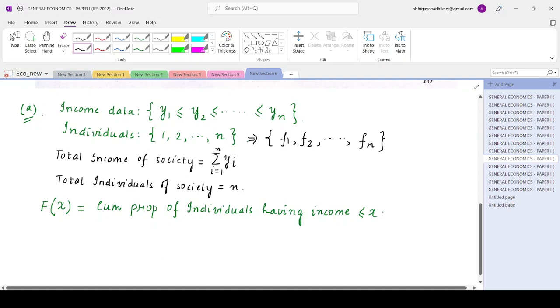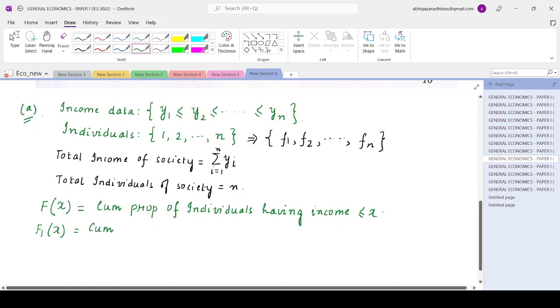So just so that we can have an easy exposition, or easy way of writing the answers and expressing the concept, we are not going into the advanced ways of defining the Lorenz curve, so to say. So Fx is defined as the cumulative proportion of individuals having income less than or equal to x. And let us say I define another ratio, F1 of x.